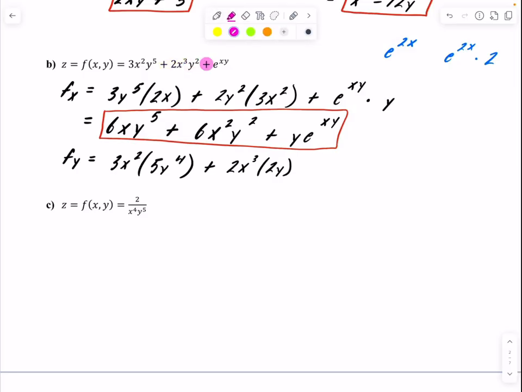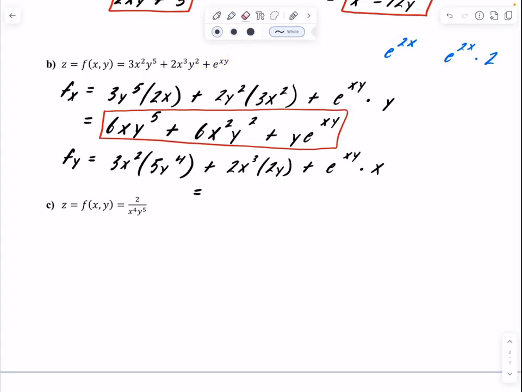And then I want to take the derivative of e to the xy with respect to y, so this will be e to the xy times the derivative of my power. This time my constant is x, so I'm multiplying it by x.